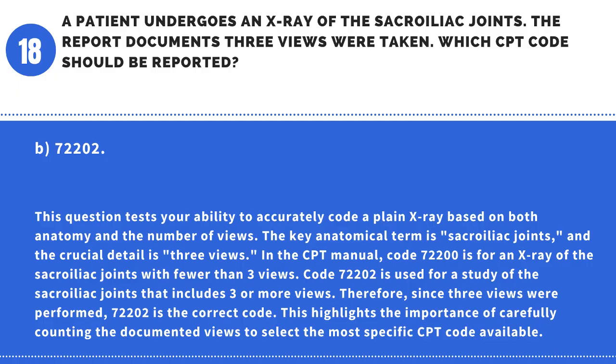Code 72202 is used for a study of the sacroiliac joints that includes 3 or more views. Therefore, since 3 views were performed, 72202 is the correct code. This highlights the importance of carefully counting the documented views to select the most specific CPT code available.